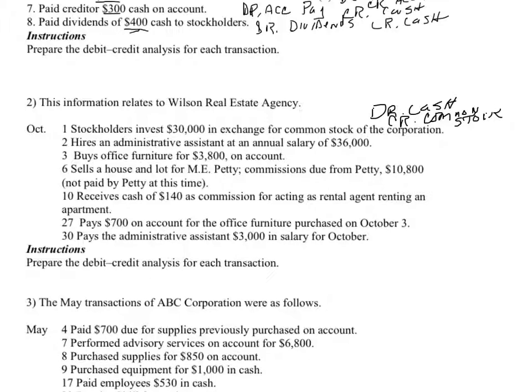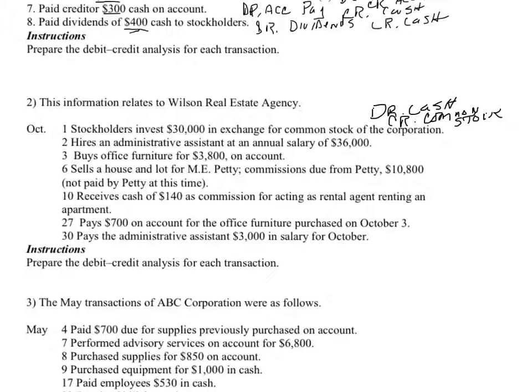Now, on the second, I hire an administrative assistant at annual salary of $36,000. Well, we are recording business transactions here, and there has not been an exchange. I simply hired a person. So this is not a transaction. I would not record it. So we move on to 3.